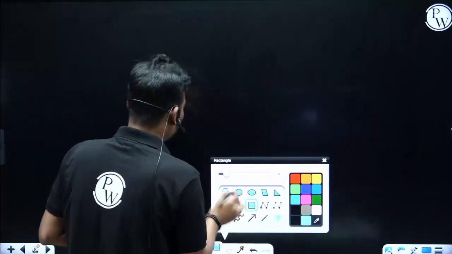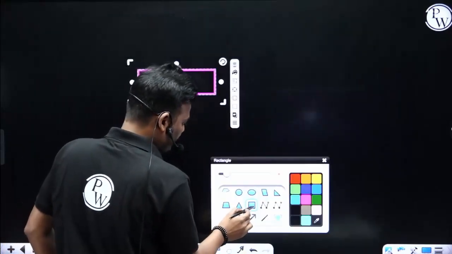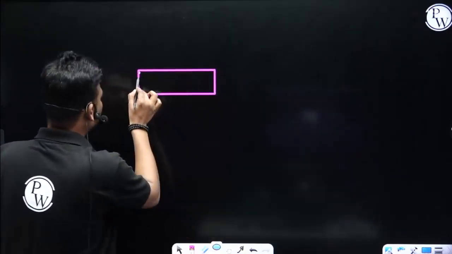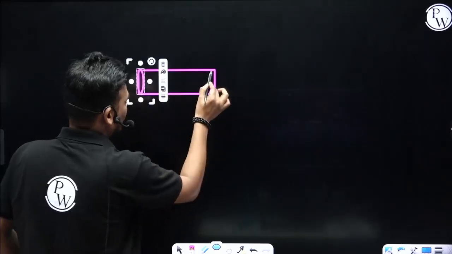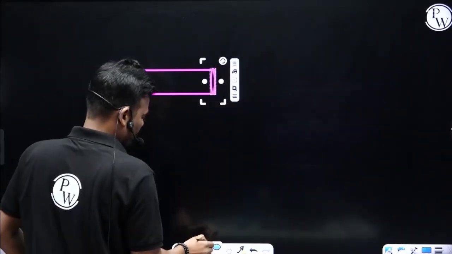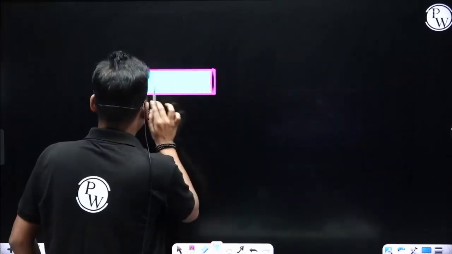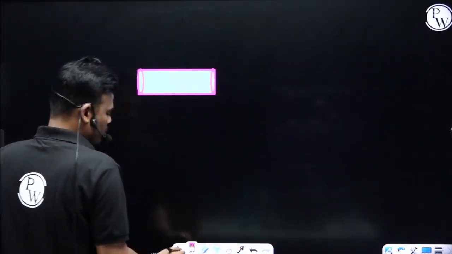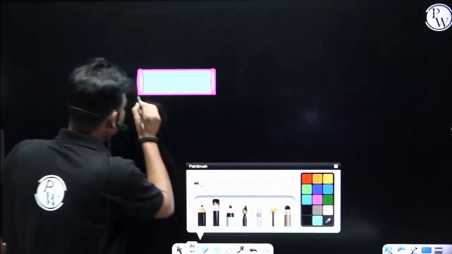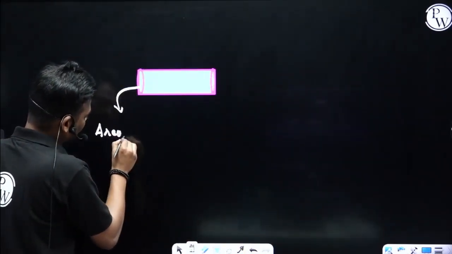If you zoom in on a wire, it will look like this. Okay, this part you will be calling the area of cross section.